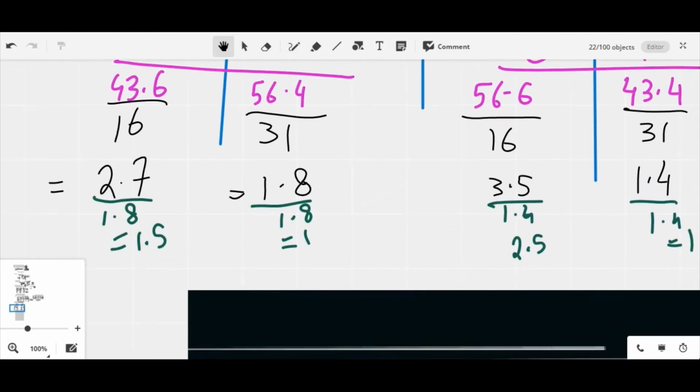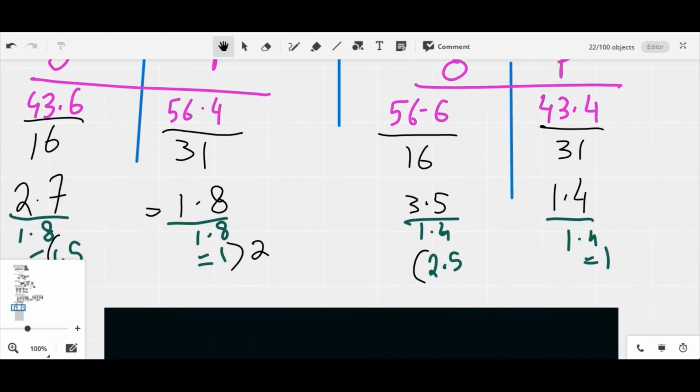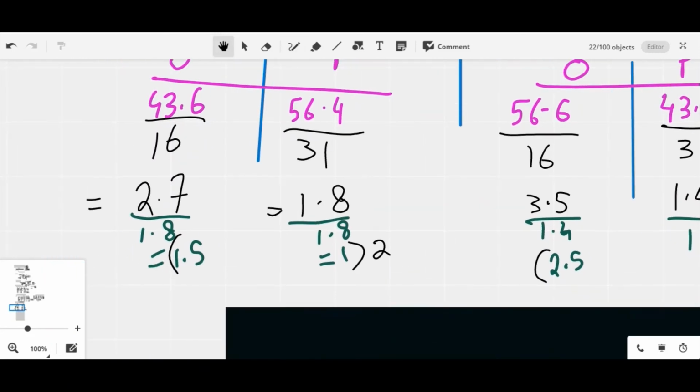Now you can see here is 1.5, here is 2.5, so both oxides are not in whole numbers, so we need to multiply by 2. For the first oxide, 1.5 times 2 equals 3, and 1 times 2 equals 2.